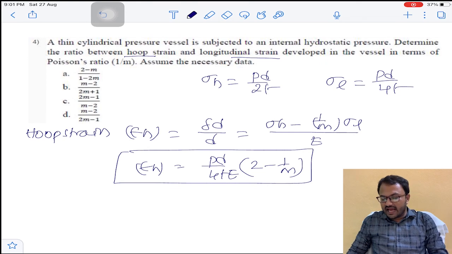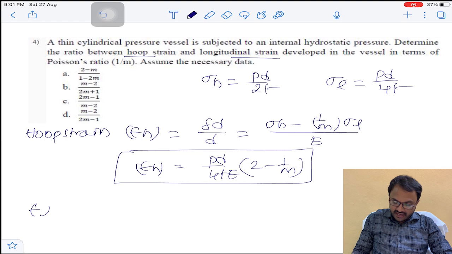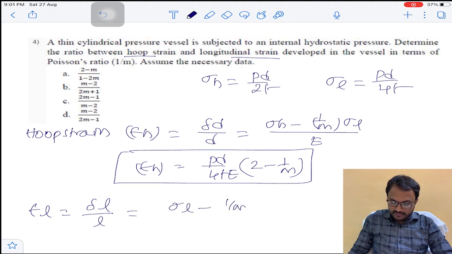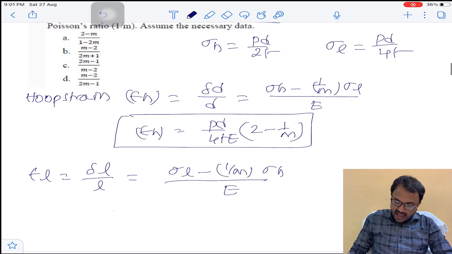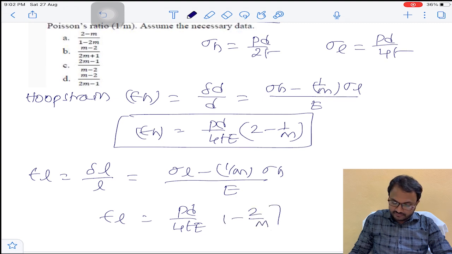And then we will calculate longitudinal strain. Longitudinal strain epsilon L is equal to change in length divided by original length. That is equal to sigma L minus 1 by m sigma h, divided by E. So if you get the values of sigma L and sigma h, you will get epsilon L as PD by 4TE times 1 minus 2 by m.